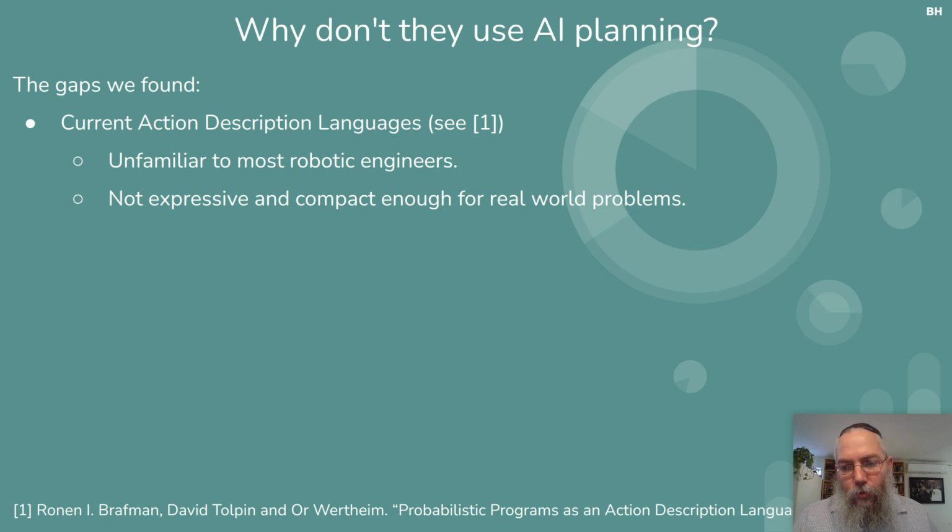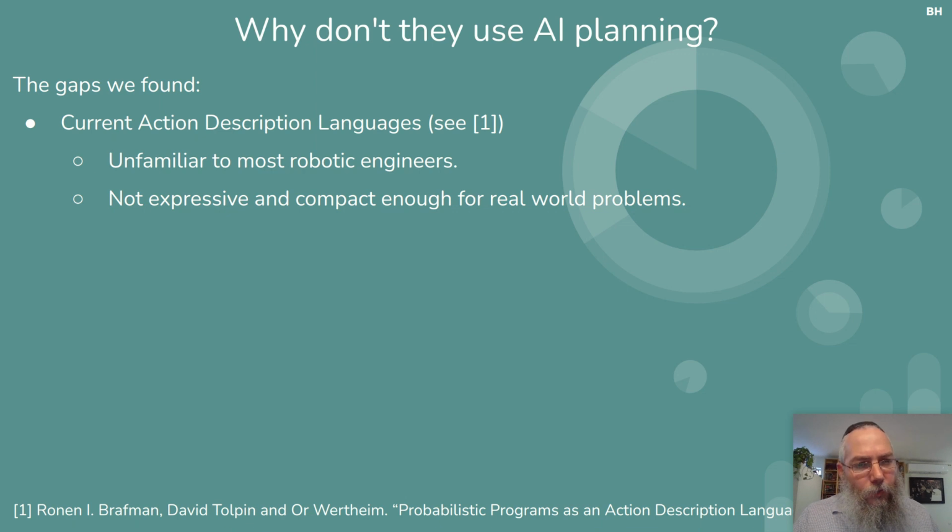We tested and reviewed different systems, and we saw that there are gaps. What are the gaps? First of all, the current action description languages. AI planning requires a certain input that describes the planning problem, and it is usually described using action description languages. These are more logical languages with predicates, and this type of description is unfamiliar to most robotic engineers.